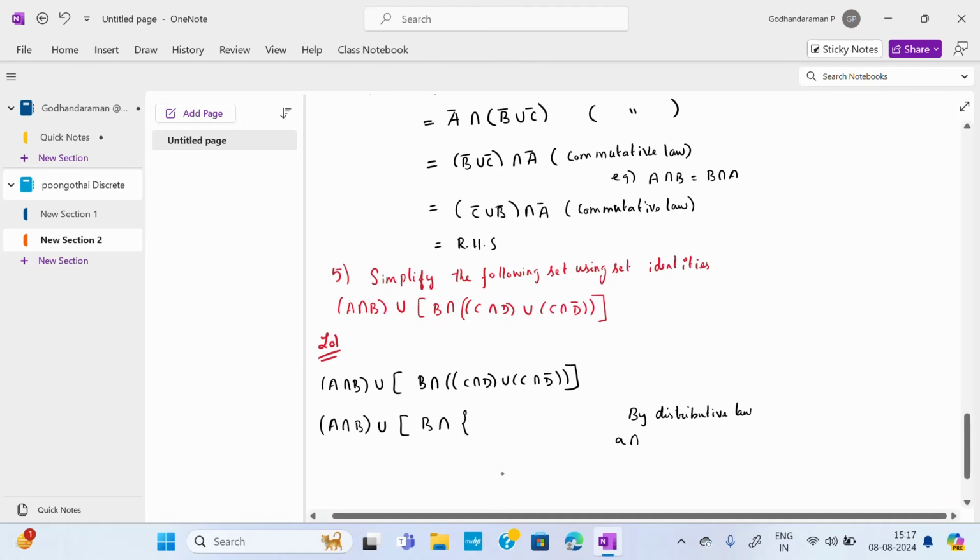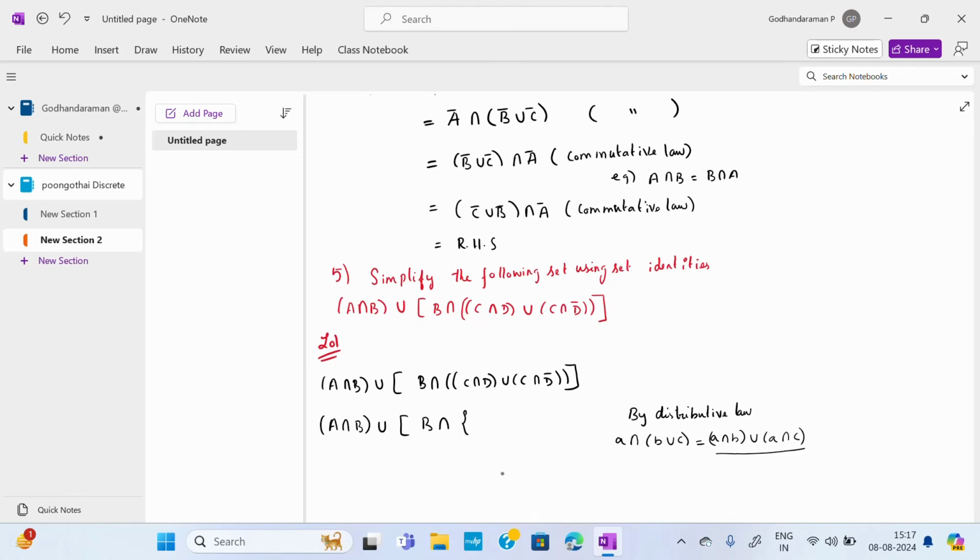A intersection B union C, so how can I write it? A intersection B union A intersection C. Like this only. Now check the right hand side part of our question: A intersection B union A intersection C. That way only we have it.